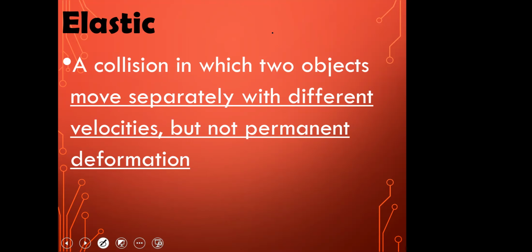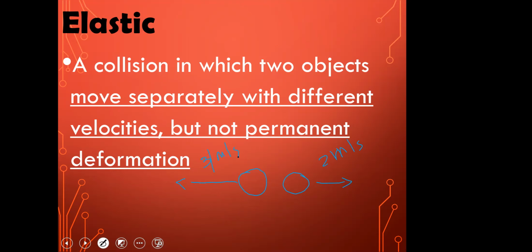After they collide, one of them goes to the right and one goes to the left with different velocities. Maybe the first one goes with 2 meters per second and the second one with 3 meters per second. But there's no permanent deformation. This is the meaning of elastic.